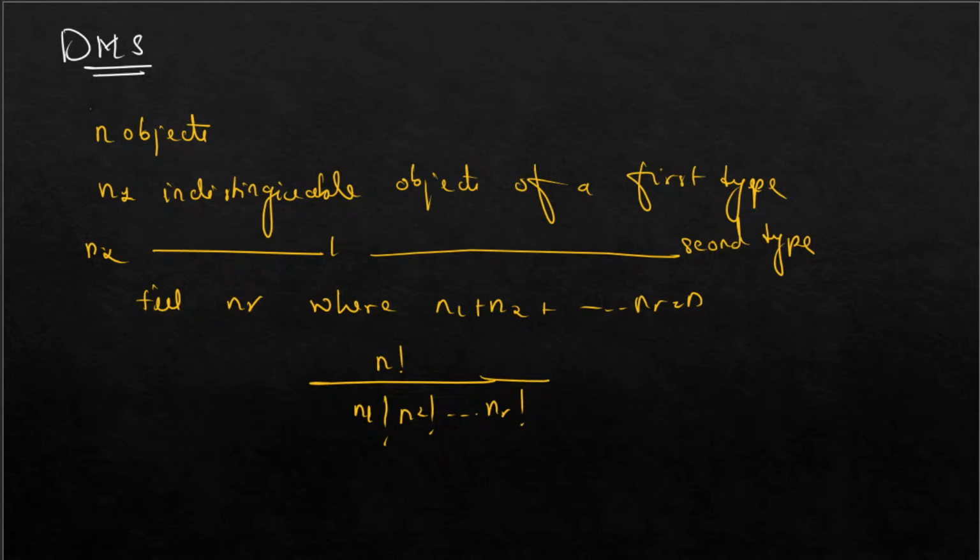This is for linear arrangements of the given n objects. So please note this down. This is the first formula.